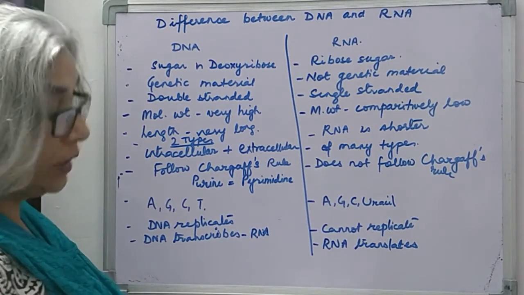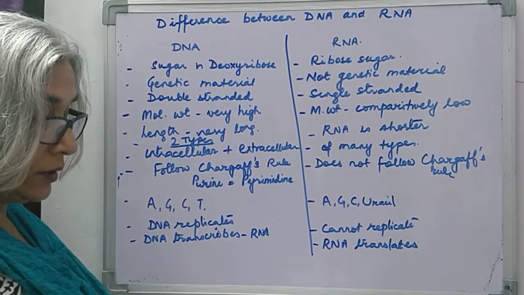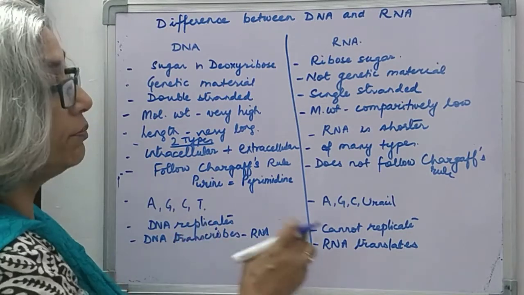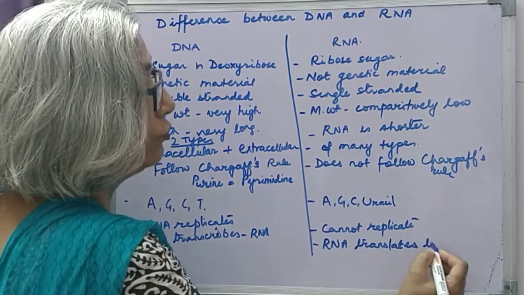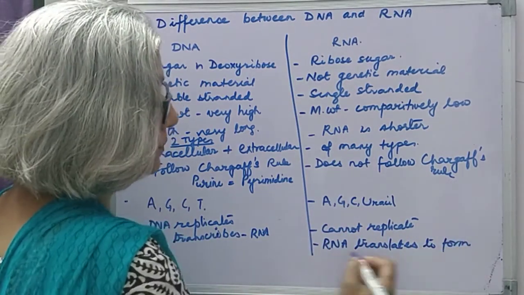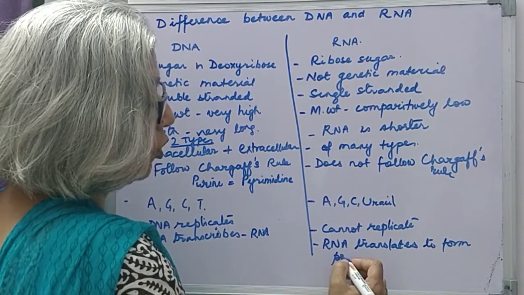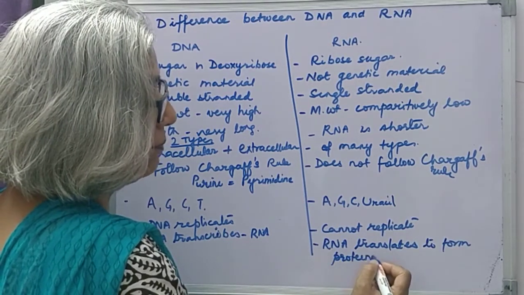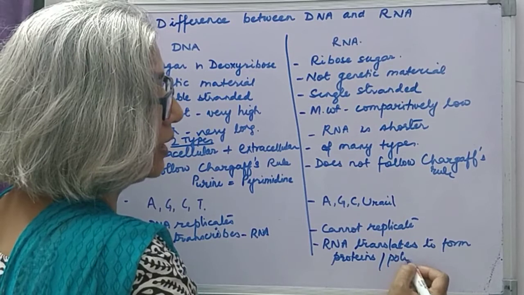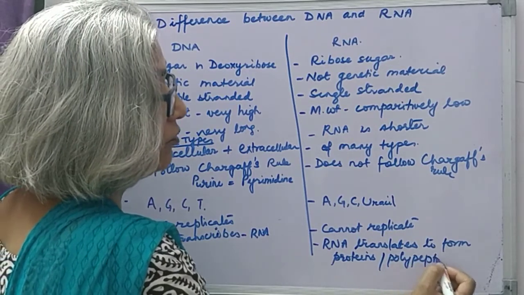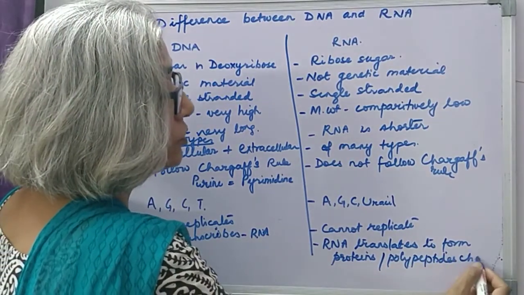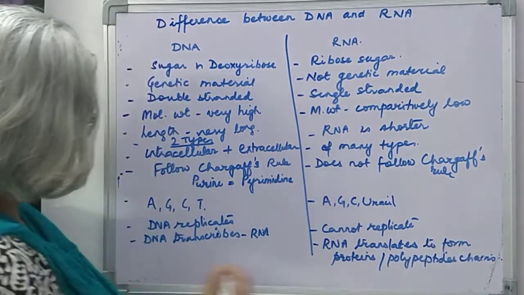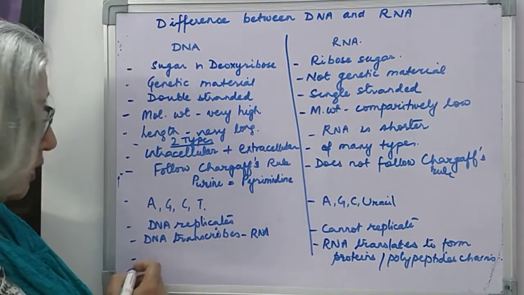And it converts the transcribed message of RNA to form proteins, or we can even say polypeptide chains, several peptides made up of amino acids. So RNA forms protein.